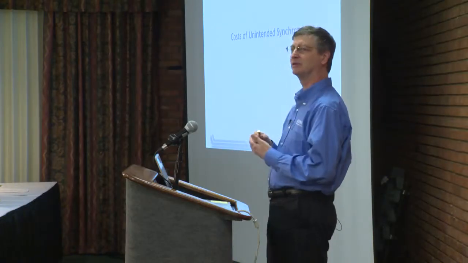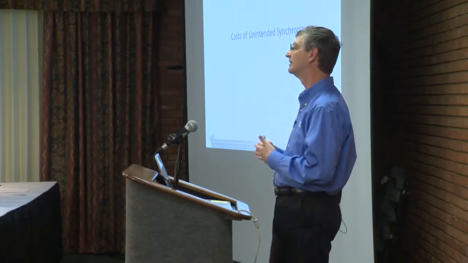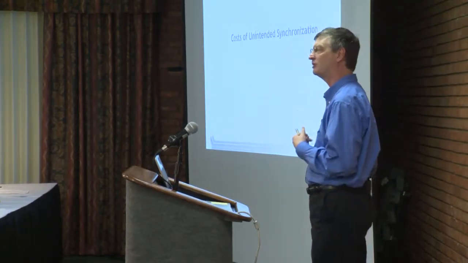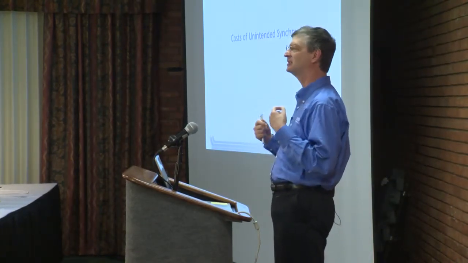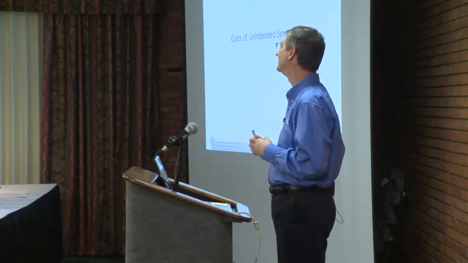And one of the first things I wanted to talk about is the cost of unintended synchronization. And we saw this, in fact, yesterday in the discussion of vectorization for individual nodes. When you write a piece of code, you may say stuff about the order in which it executes that is more than you intend.